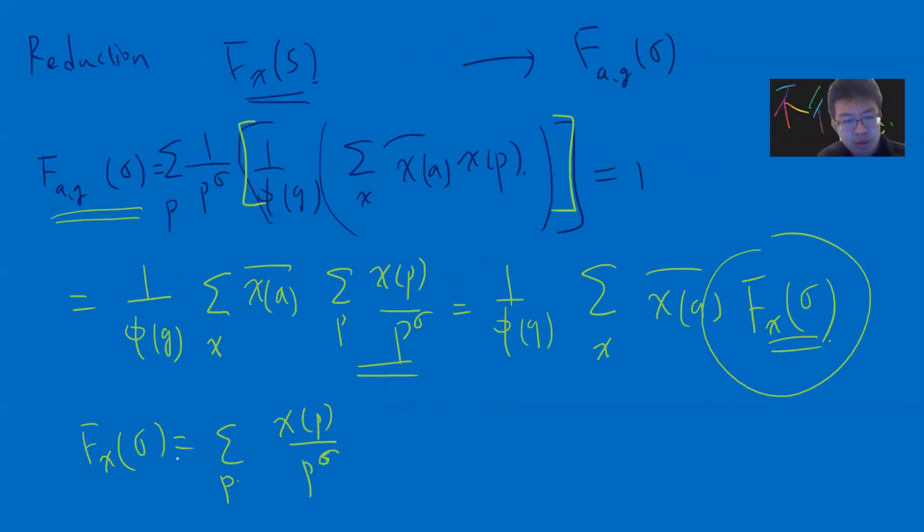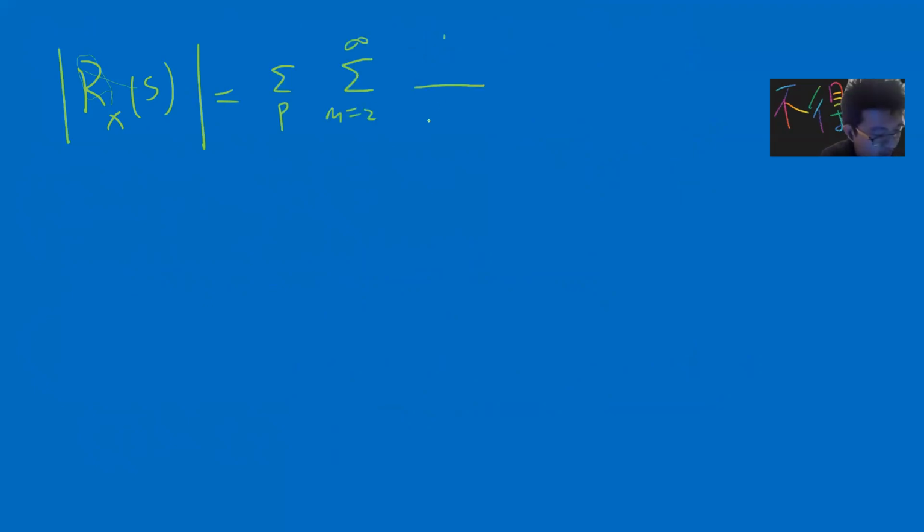Now we already get a reduction like this. Let's consider the higher order term. The higher order term can be easily bounded. This is similar to the Riemann zeta function. Look at this, bounded by this, because the character has modulus 1.